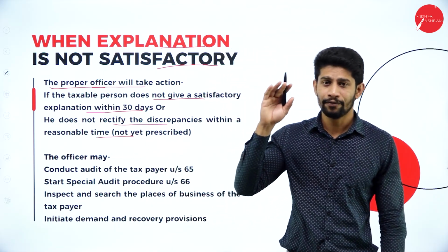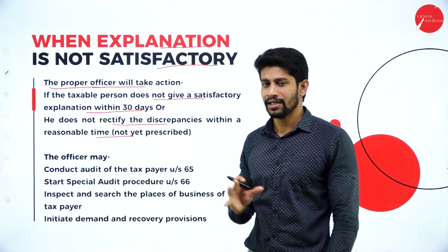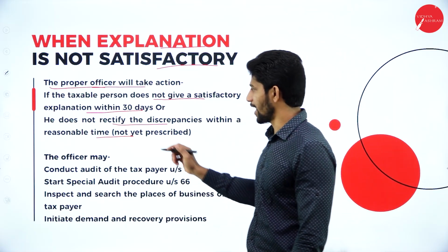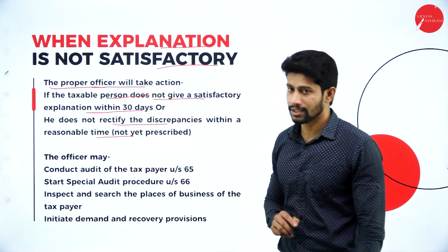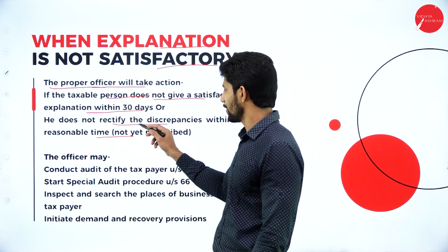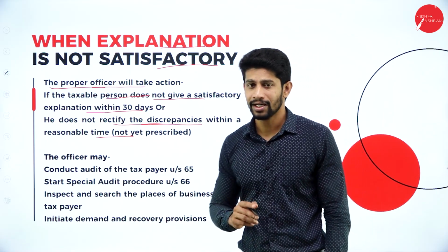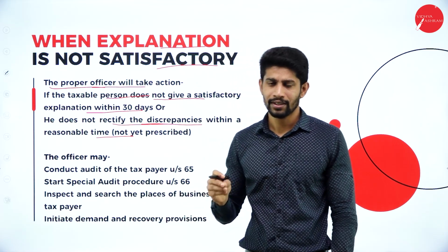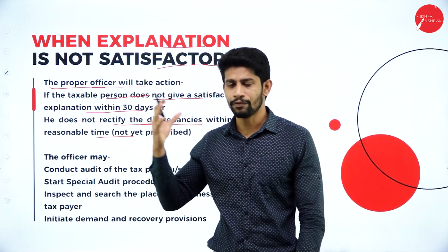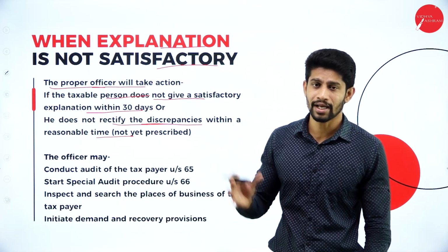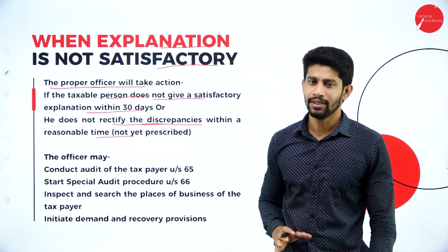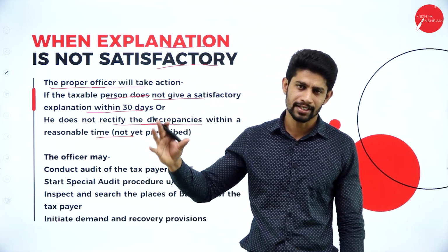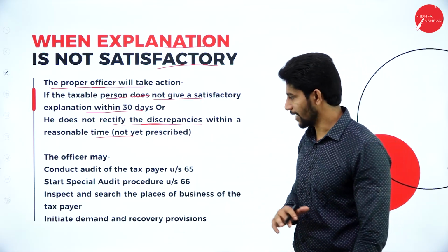That means if you won't give the explanation or rectify the error within 30 days or within the given time, then the officer will have all the rights to take action against that particular taxable person. If he is satisfied with the explanation given by the taxable person, then no action will be taken.